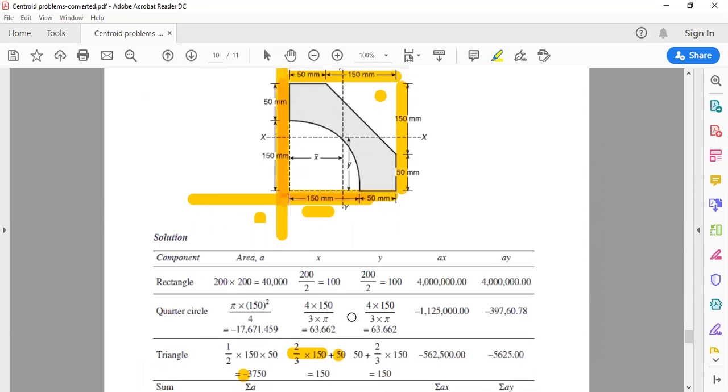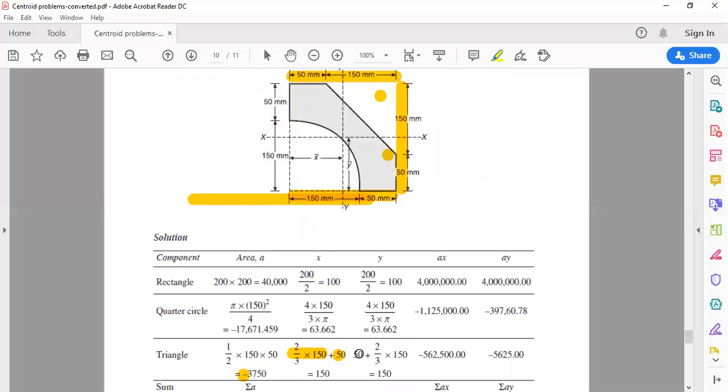Next, I want distance, that is y bar, which is measured from x-axis. So from x-axis to this centroid. So from x-axis, 50 mm will get me to the apex of the triangle again.